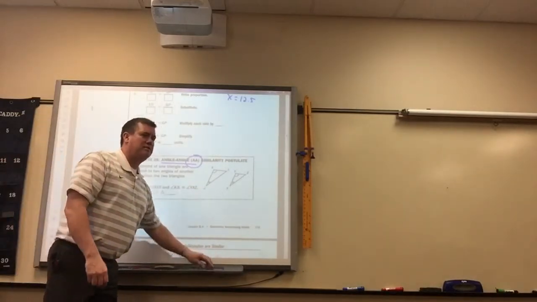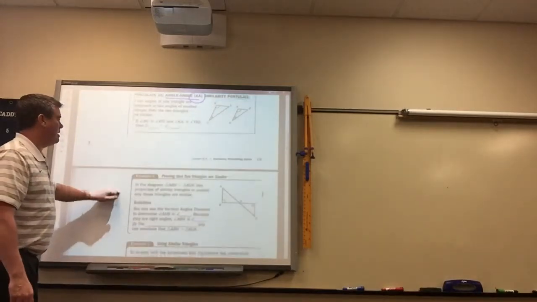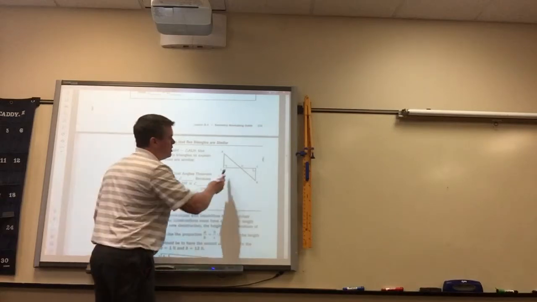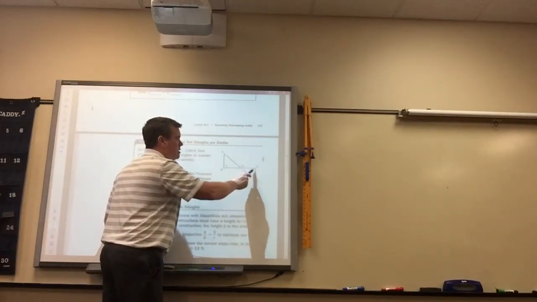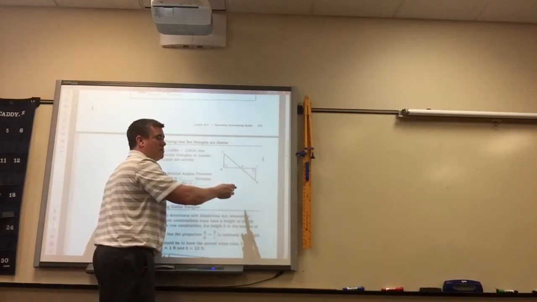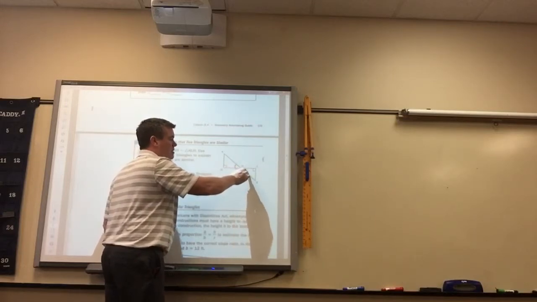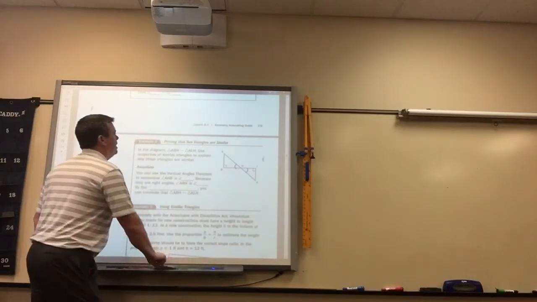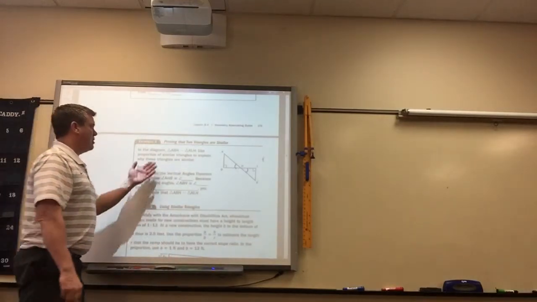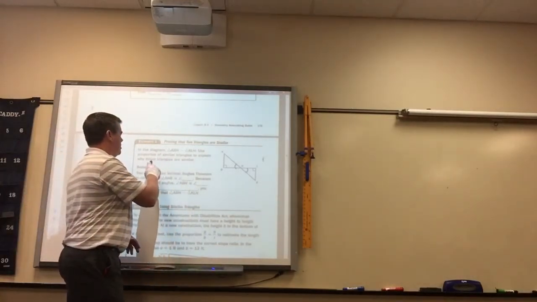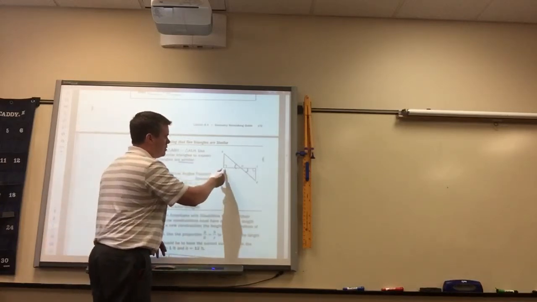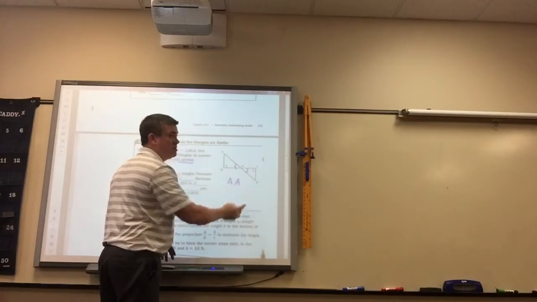So it's just a shortcut. So in this picture, we know that these are proportional because this angle is equal, and what else is equal? Vertical angles. So angle, angle makes these two similar. So there we just prove, it says, use properties of similar triangles to explain why they are similar. They're similar because of angle, angle.